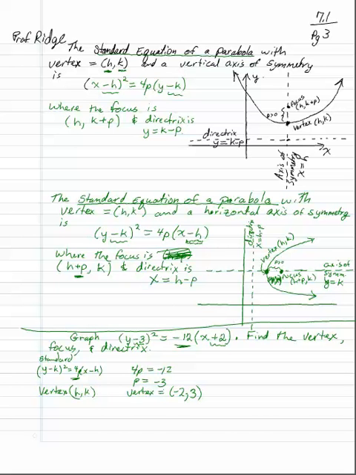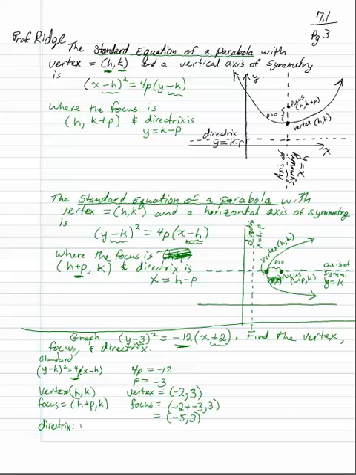Now for the focus, again we're going side to side, so we add p to the h coordinate, the x coordinate. So our focus is negative 2 plus p, which is negative 3, so that gets us (negative 5, 3).